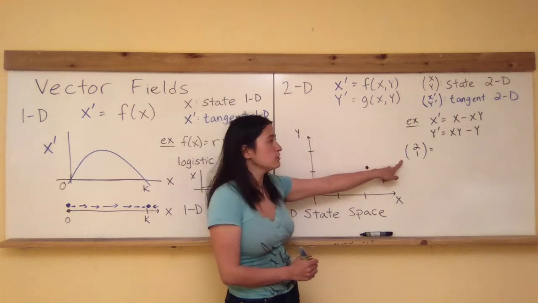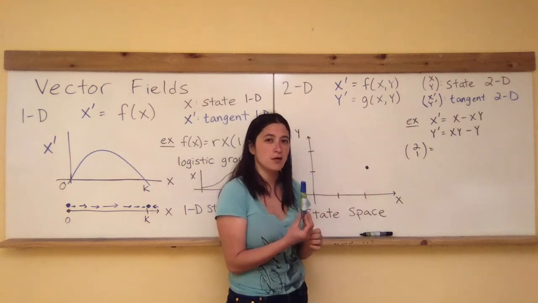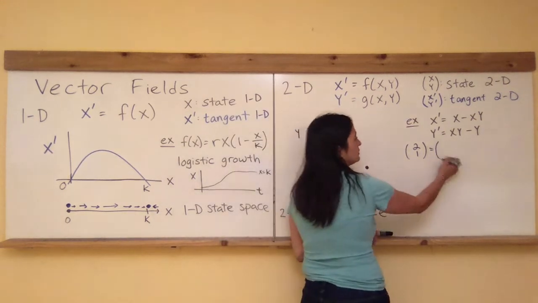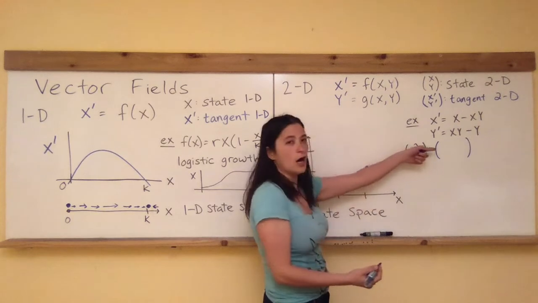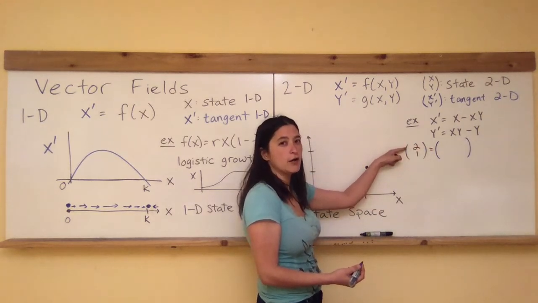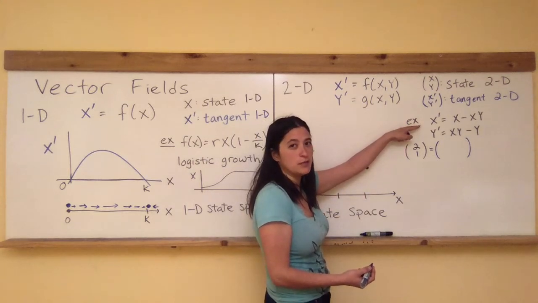So what are the values for x prime and y prime? I'm going to compute x prime and y prime right now, so I'm going to use my blue pen. And what I'm going to do is, on the top row here, where I have the 2, I'm going to write out how I'm going to compute x prime. Okay? So x prime is equal to x minus xy.